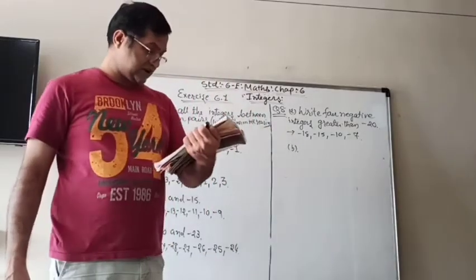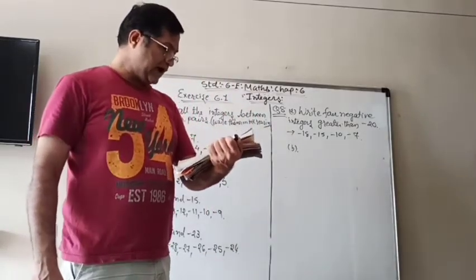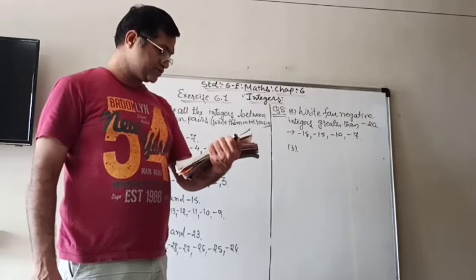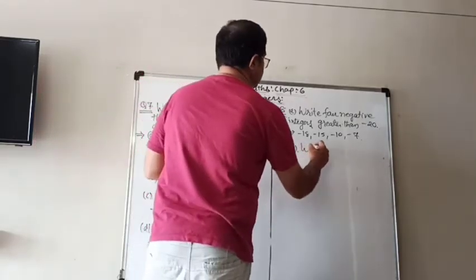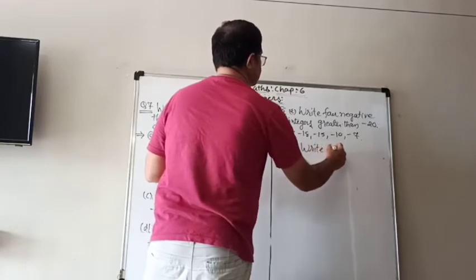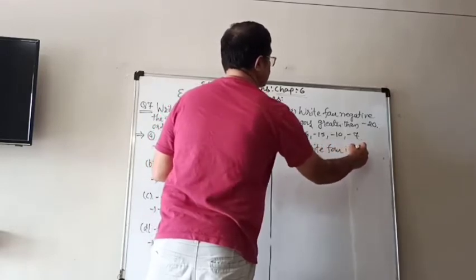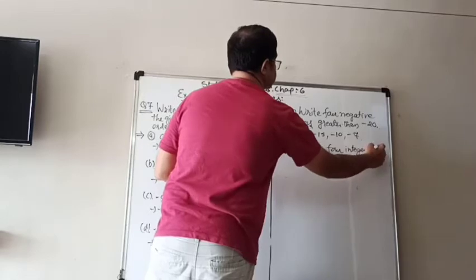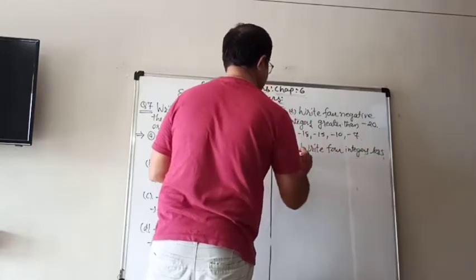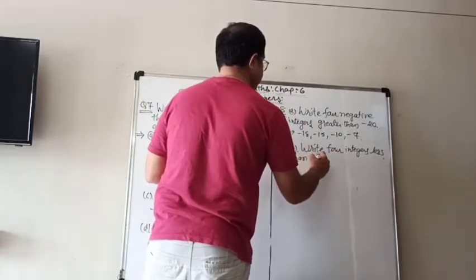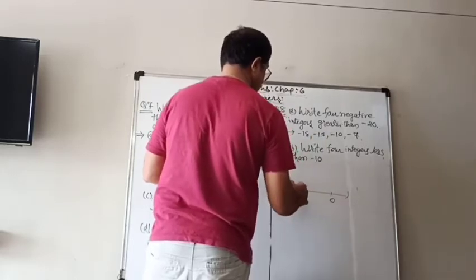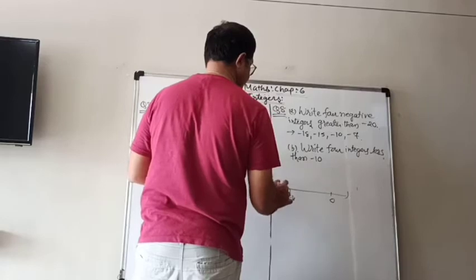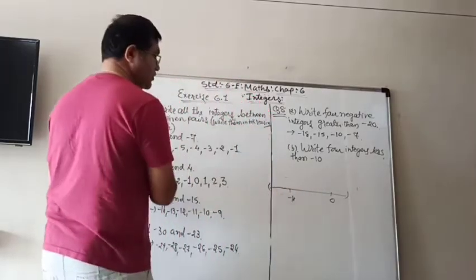So here the second one. Write 4 integers less than minus 10. Now we know that 0, minus 10 will be here. Now less than numbers will be all here.